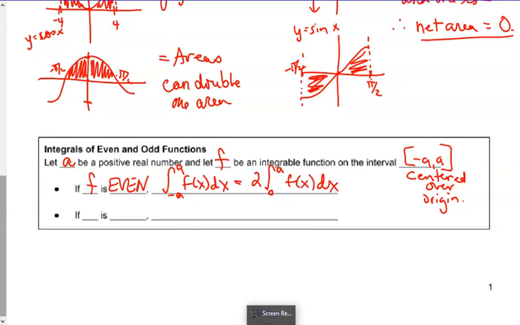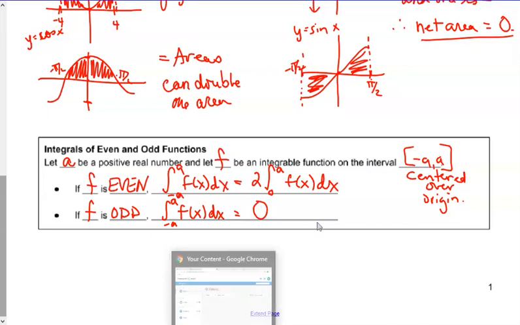So again, the advantage of having 0, a lot of times if these are polynomials, is that being able to evaluate using your fundamental theorem of calculus is a little bit easier. Now, if f is odd, this is so nice, the integral from negative a to a, which represents the net area, of f of x dx is equal to 0.